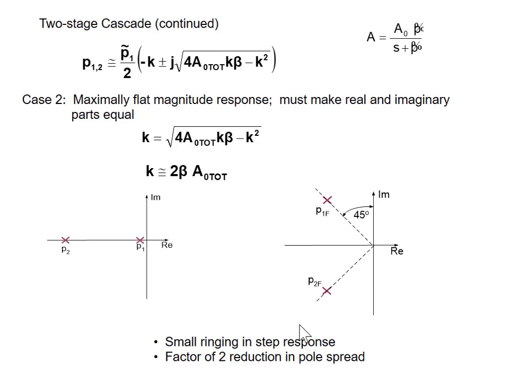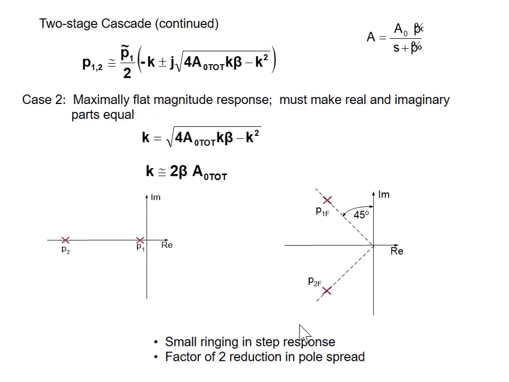Case 2, maximally flat magnitude response. Of course, that corresponded to putting the poles at 45 degrees. We get some ringing now, a little bit, but the response is maximally flat. Depends on your application, where you need it. To do this, we have to set the real part, and the magnitude of the imaginary part is the same.